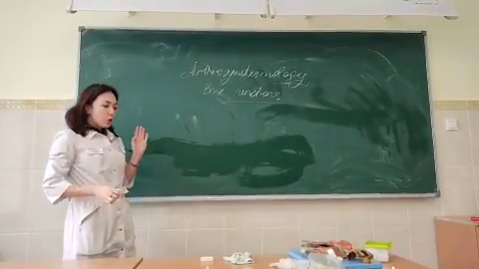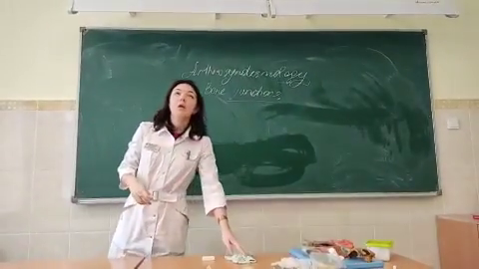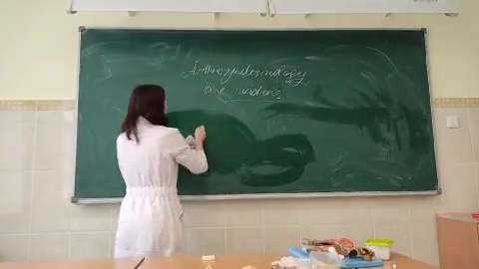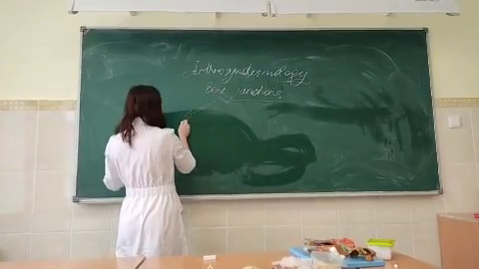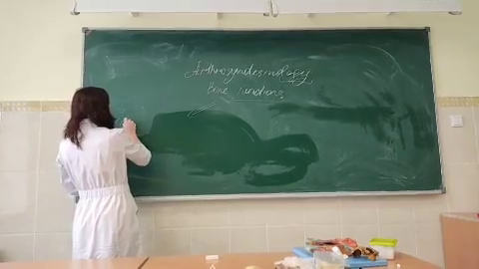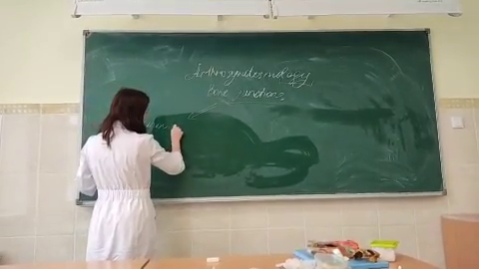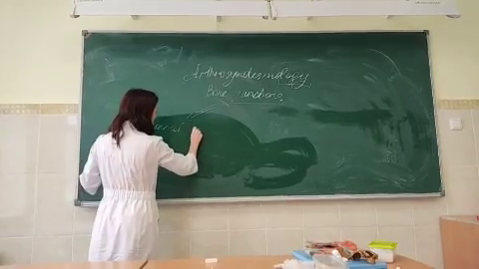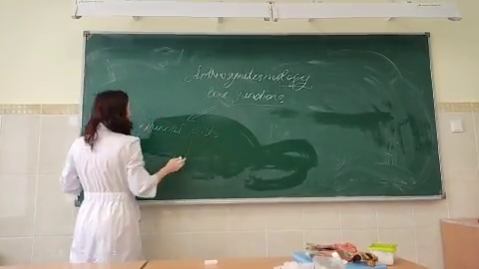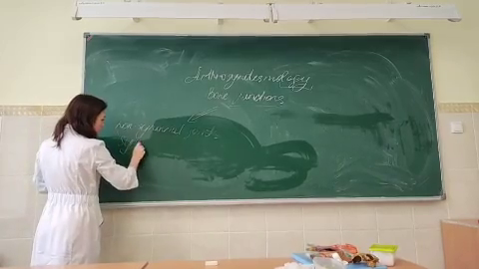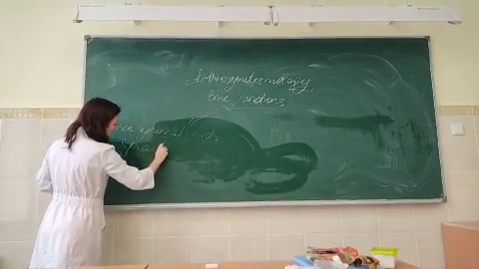So all the bone junctions are divided into 3 groups. The first group is non-synovial joints, or its other name, synarthrosis.